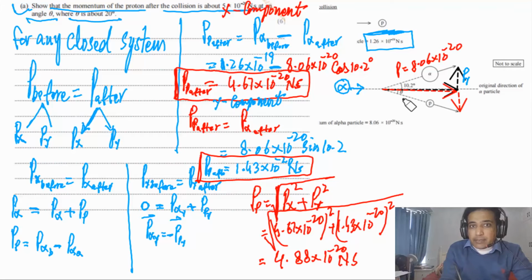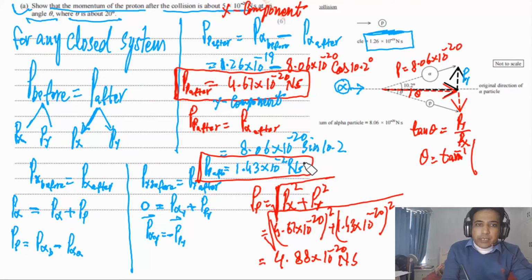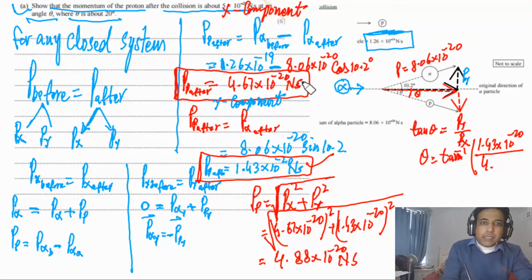Now we need to find the angle. This angle we need to find out. So simply we take the vertical component. Tangent of theta is equal to the vertical component Py divided by Px. So theta is equal to tangent inverse of Py, 1.43 times 10 to minus 20, divided by the x component, 4.67 times 10 to minus 20.